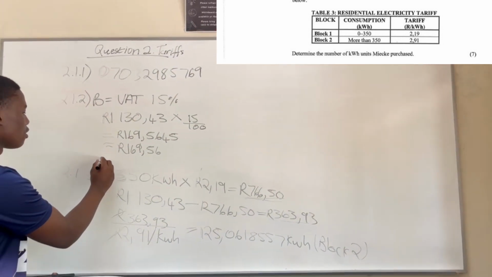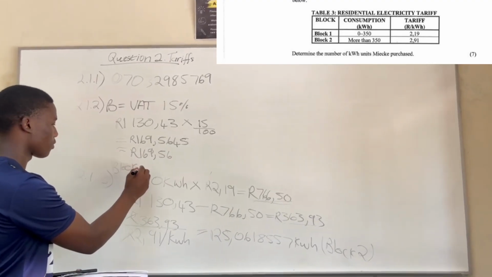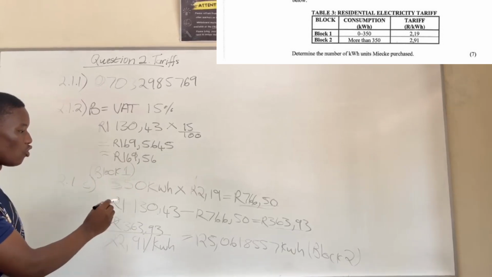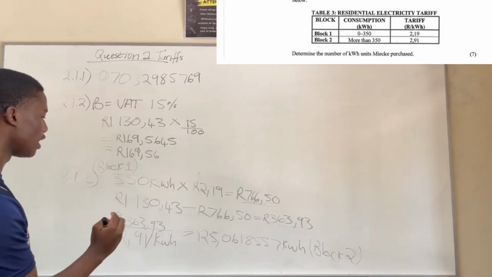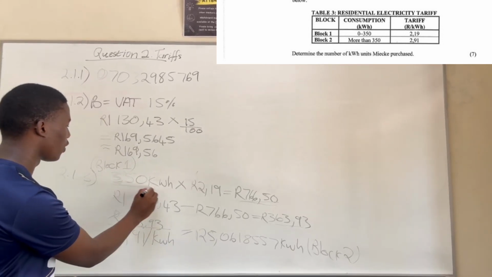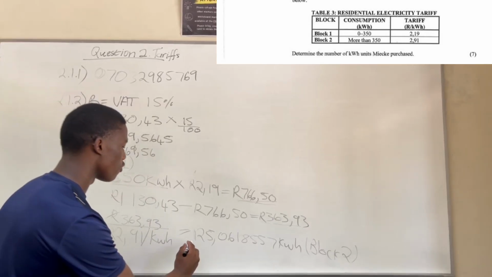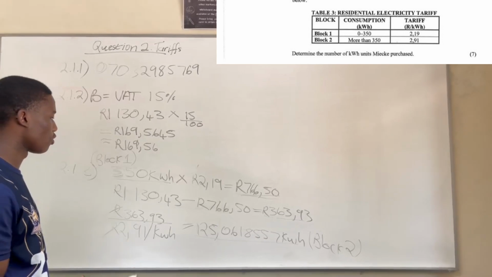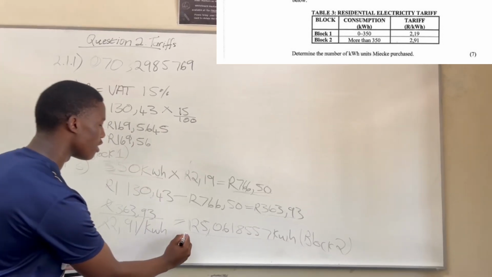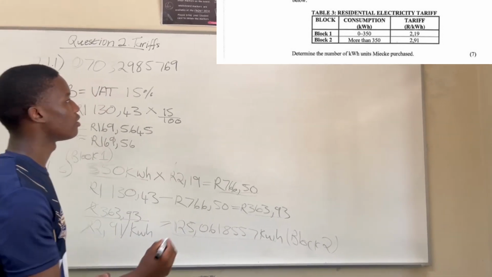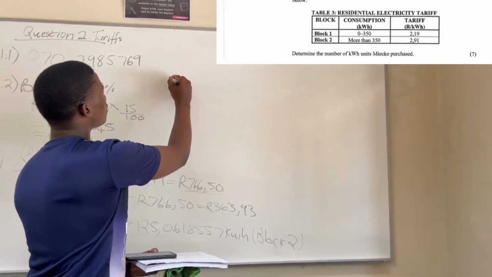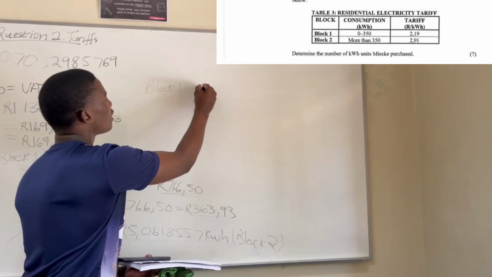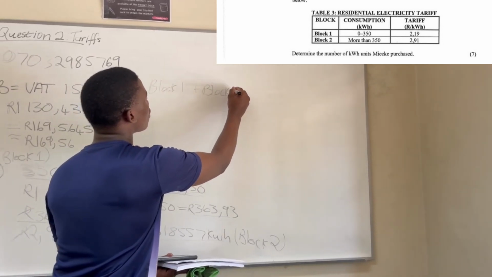And this was for what? For block 1. So you're going to take this 350 for block 1 and then add it to this one, block 2.